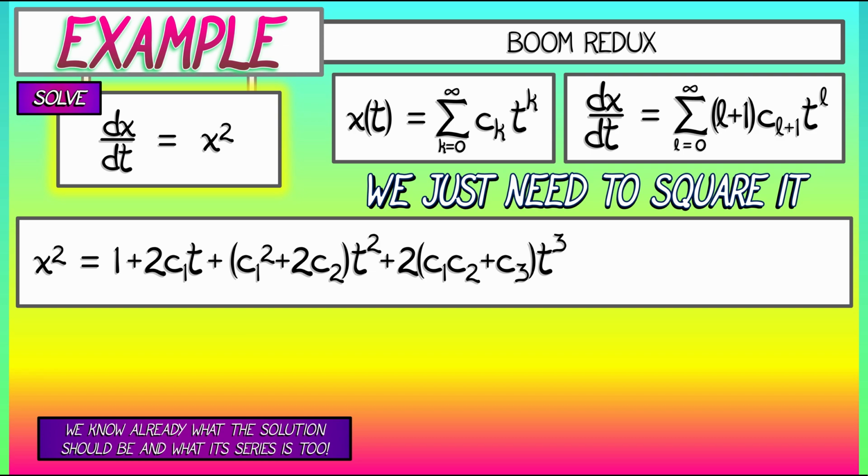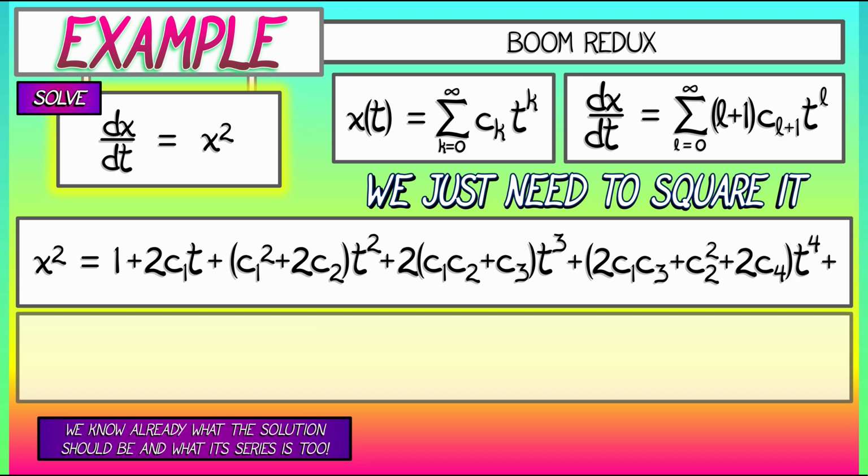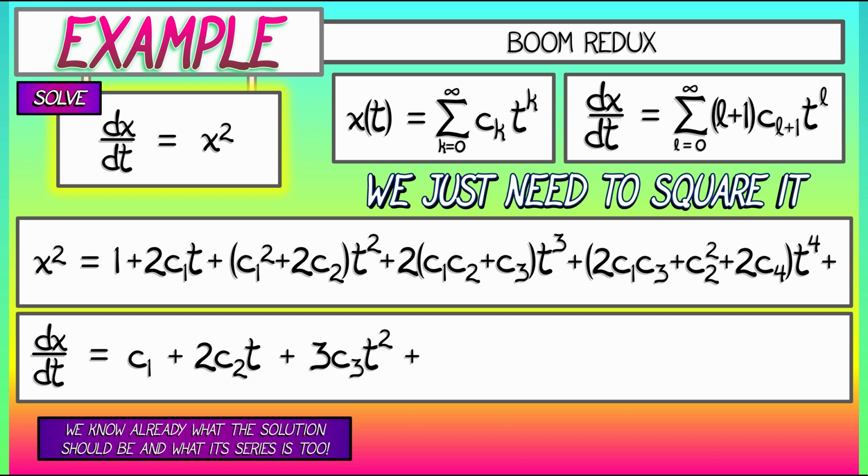That is going to be quantity 2c1 c3 plus c2 squared plus 2c4, all of that times t to the fourth. Whew, wow. Now, in the end, what we're going to do is set that equal to dx/dt. Writing that out term by term, that's c1 plus 2c2 times t plus 3c3 times t squared plus 4c4 times t cubed. You keep going with that.